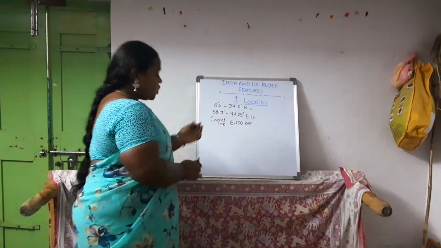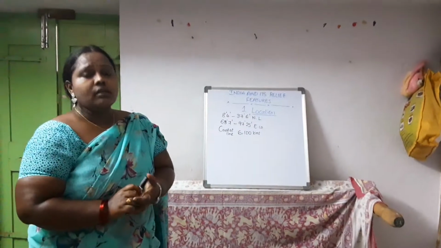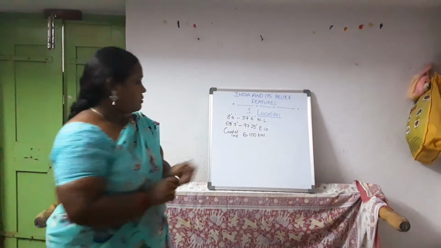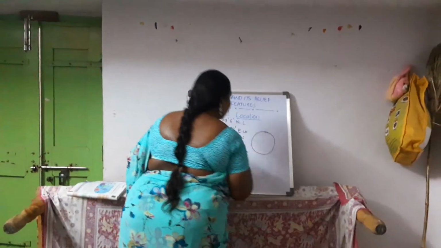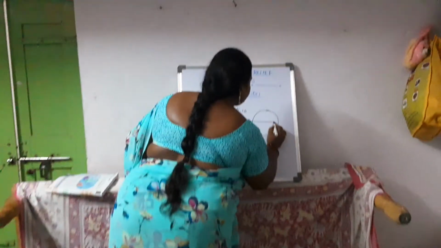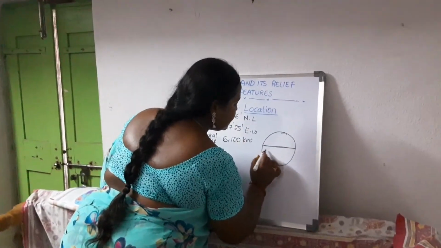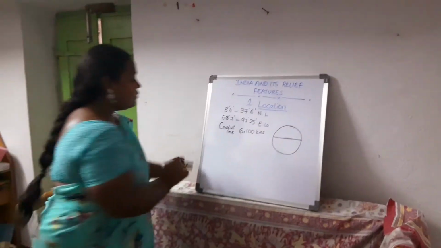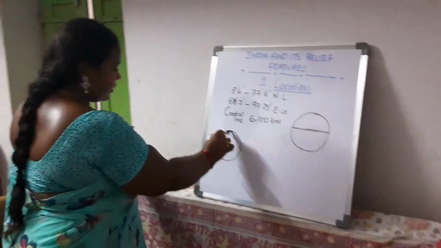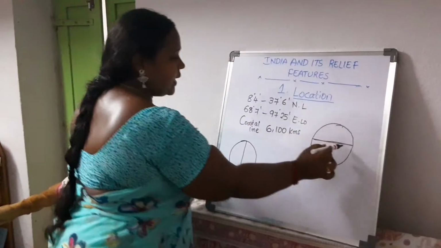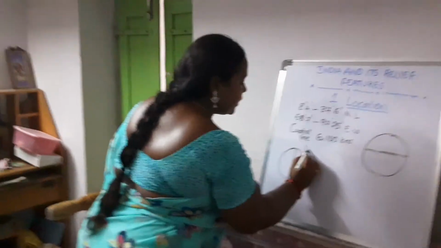So what are latitudes? Latitudes are the horizontal lines. If you assume this as a globe, these lines are latitudes. And if you consider a circle as a globe, this horizontal line is called latitude and this vertical line is called longitude.